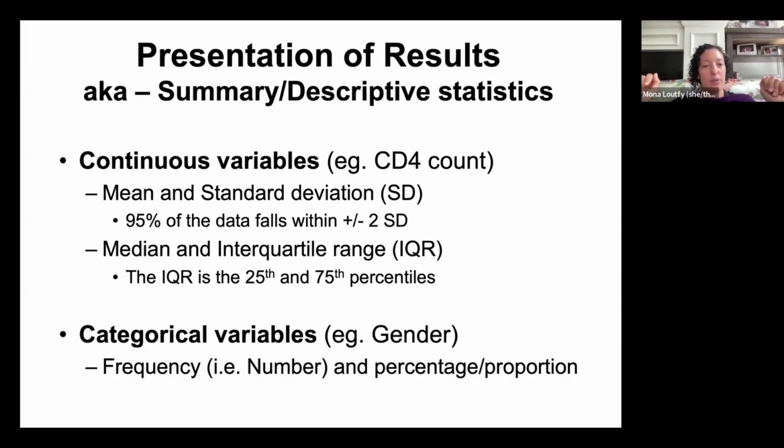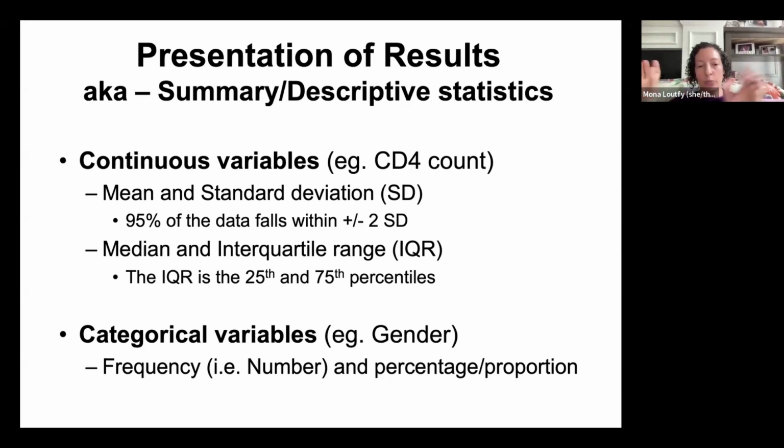So with age in our study that we're doing with 10 participants, would we summarize the age as a continuous variable with mean and standard deviation or median and interquartile range? We would summarize it with median and interquartile range because there's only 10 participants. There isn't over 200. Do you see that? Let's say you have a study population of 200.